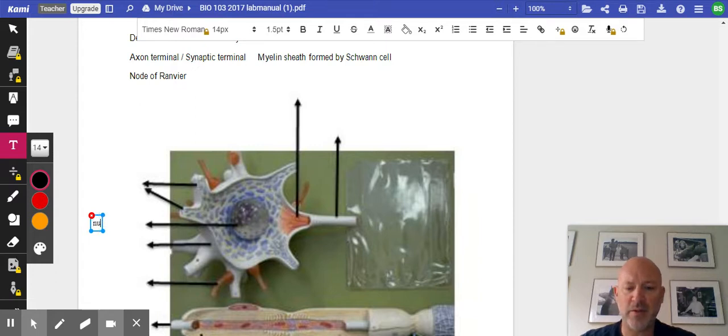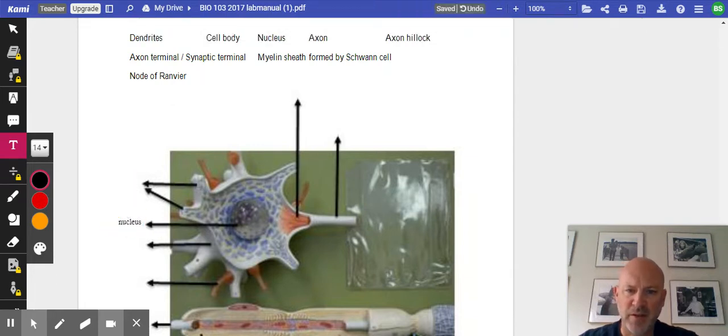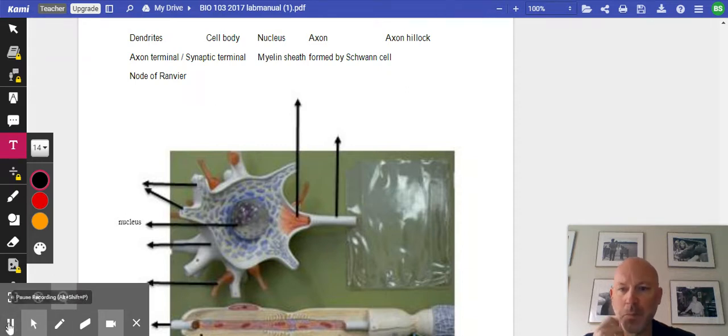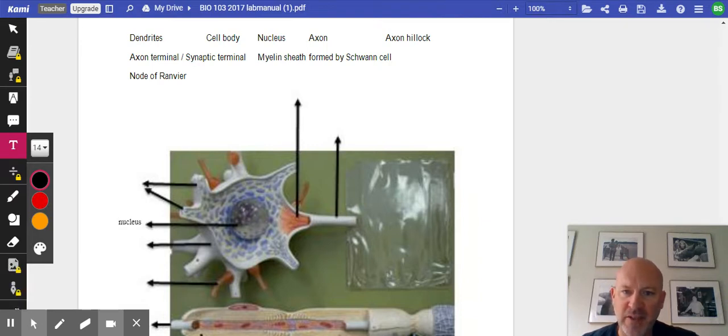That's going to be the nucleus. And what holds the nucleus is the cell. The cell holds the nucleus. So this cell is referred to as the cell body. This arrow right here is pointing to the container that holds the nucleus.